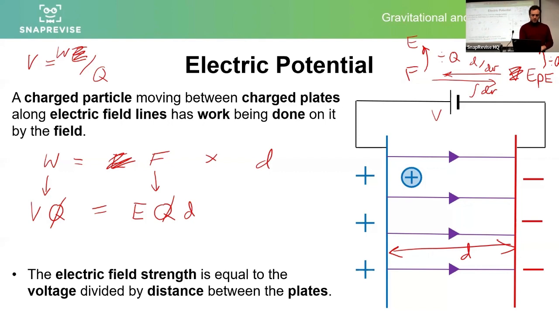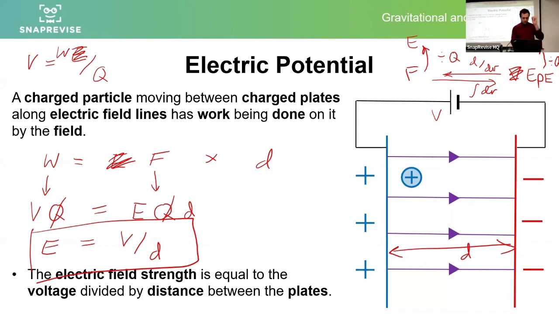Cancel the Q's, and you find that the electric field strength between these plates is V over D. That is an equation worth remembering. The electric field strength is the voltage, the difference in potential from one side to the next, divided by the distance between the plates.